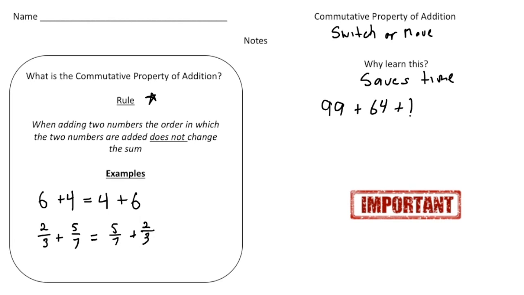That's 100, and then add the 64. So I can actually switch around the 64 and the 1. So let me change the order. So it's going to be 99 plus 1 plus 64. Now we can simply add 99 and 1, which is 100, plus 64. And we get our final answer of 164. All right? So the commutative property of addition gives you the power to move numbers around.